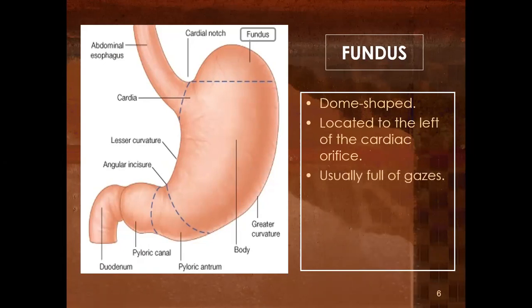Usually it is filled with gases. So whenever you take an x-ray, the air which you see just under the diaphragm on the left side is because of the air in the fundus. If there is air in the fundus below the left diaphragm, then it is normal.